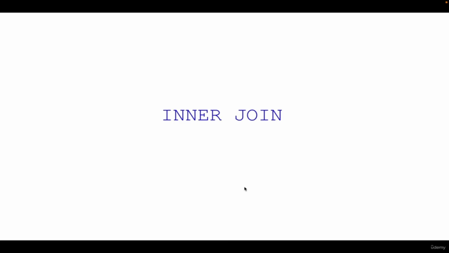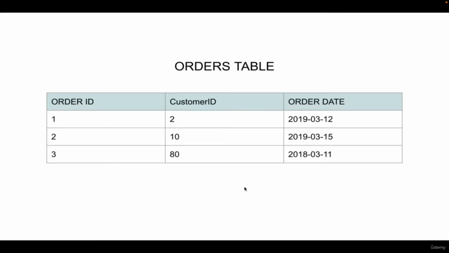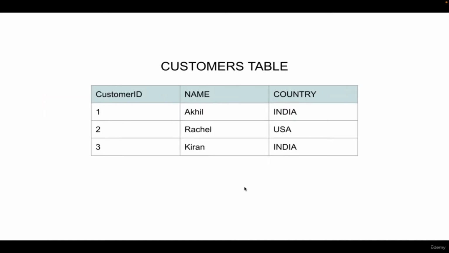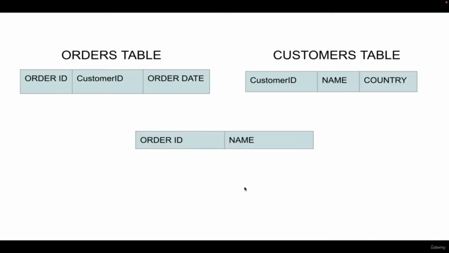Let's learn what an inner join is. Consider you have an orders table with the columns order ID, customer ID and order date, and a customers table with the customer ID, the name of the customer and the country. Consider you have to write a query that outputs the customer name for each order.